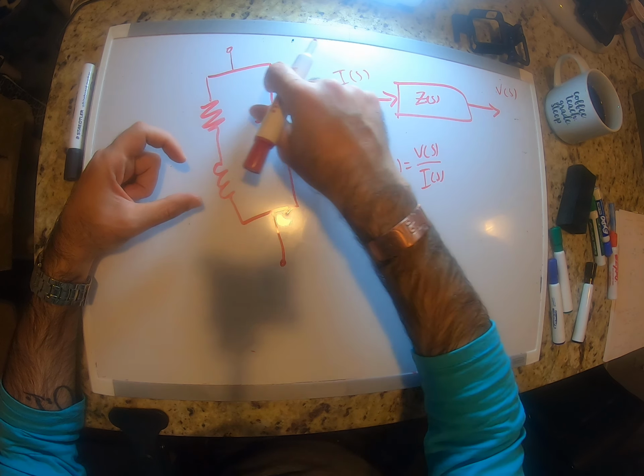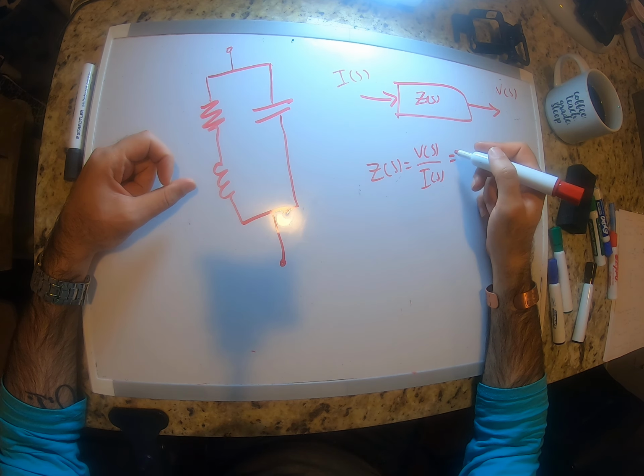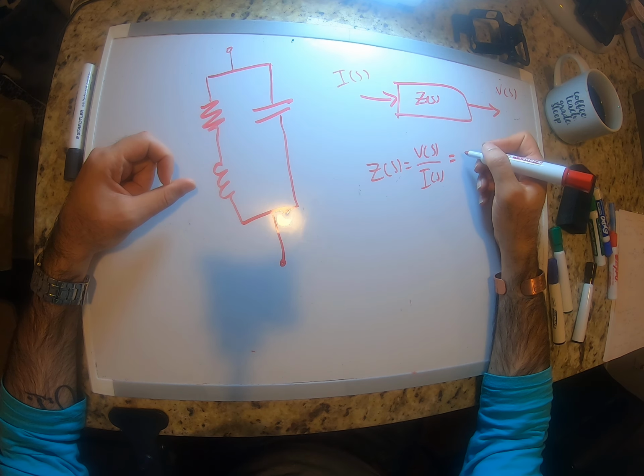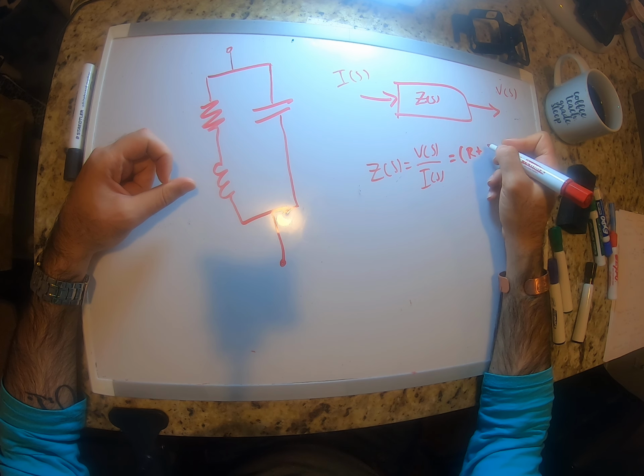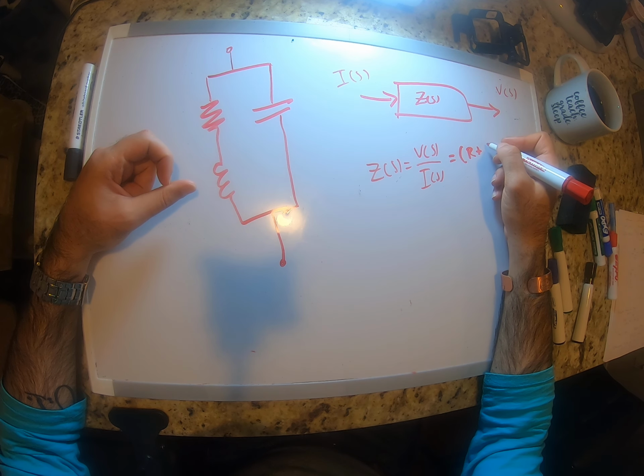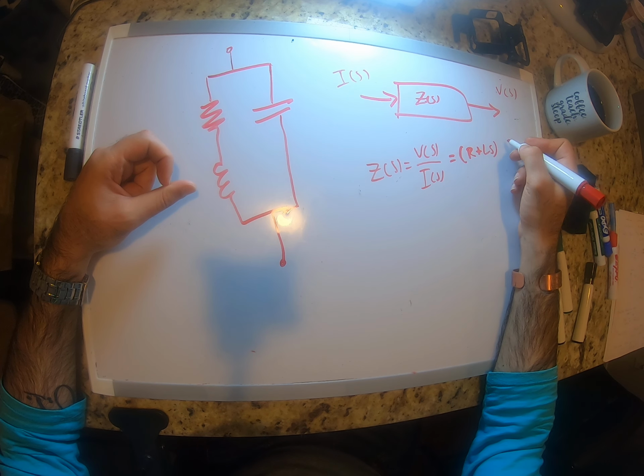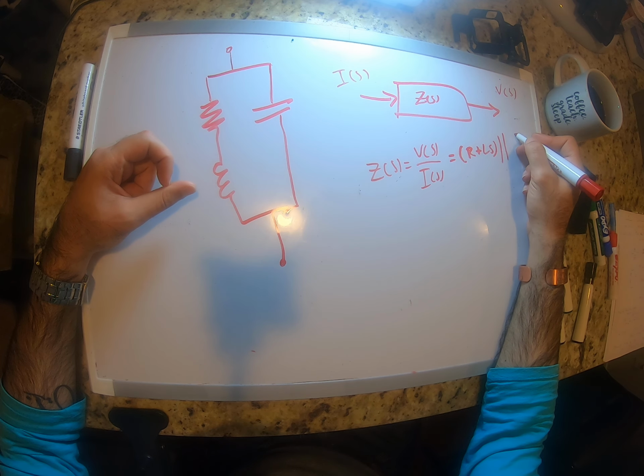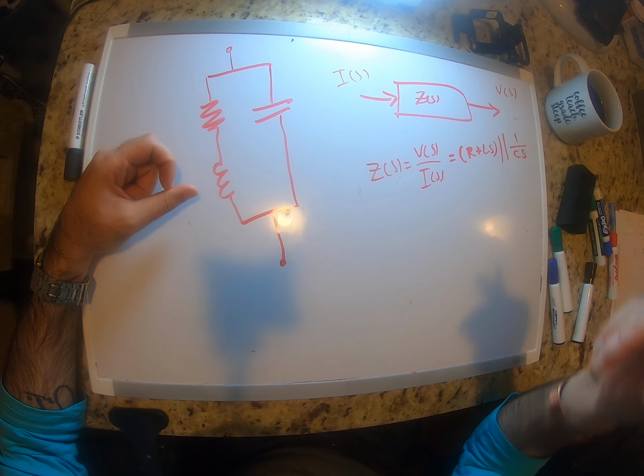And we found the impedance of all of these elements. So this is going to be basically R plus LS, in parallel with 1 over CS.